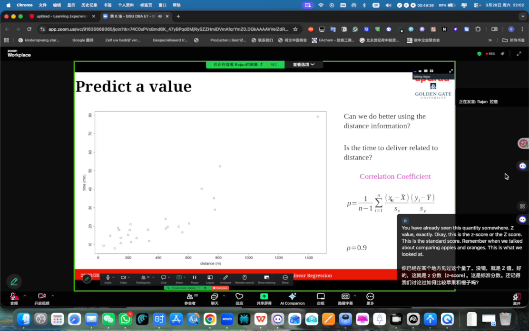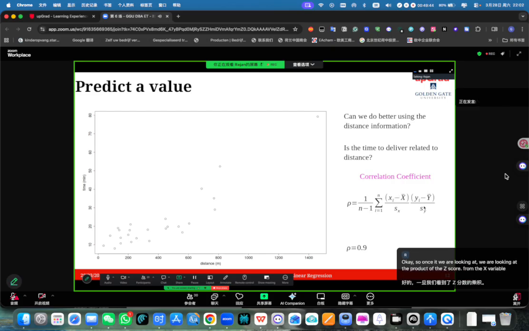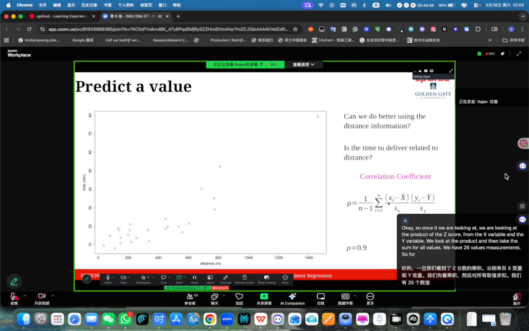Okay, so what is it we are looking at? We are looking at the product of the Z score for the X variable and the Y variable. We look at the product and then take the sum for all values. We have 25 values, measurements. So for each measurement, find this product of the z-scores and then take the mean.